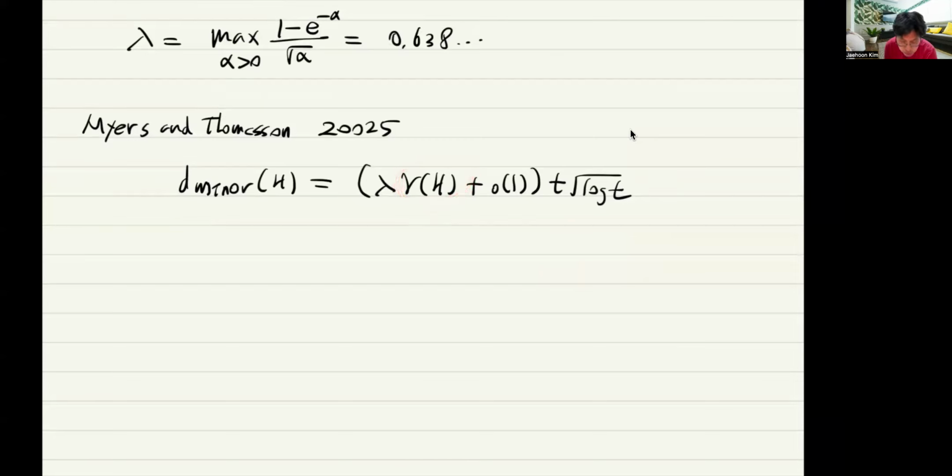And this number should be computed via some optimization problem. So in general, it's not so easy to compute.